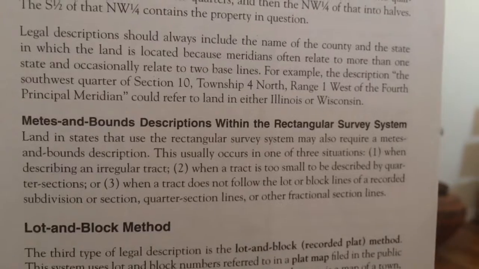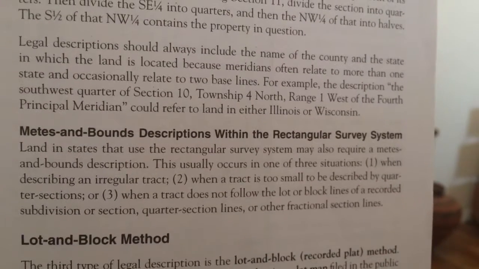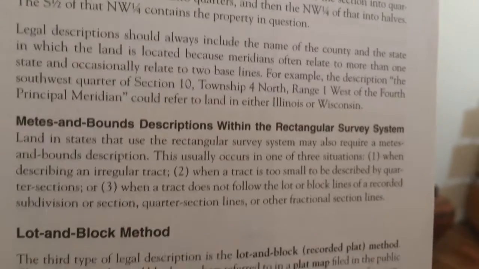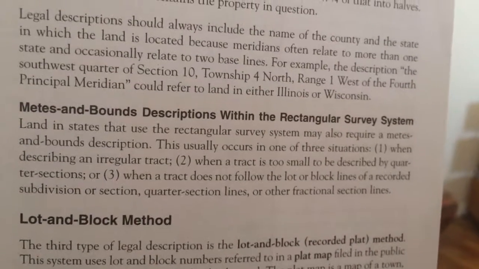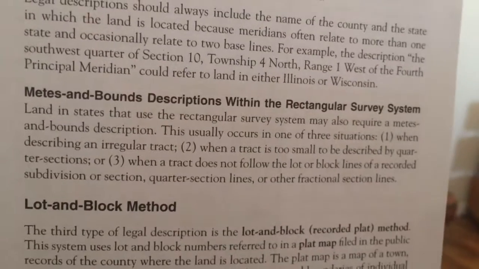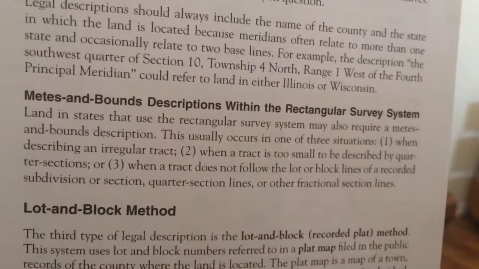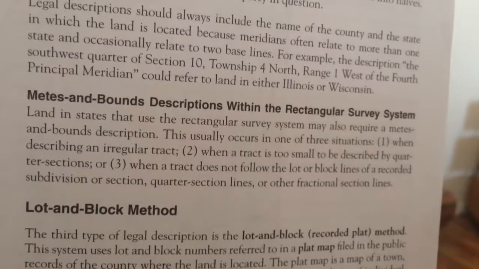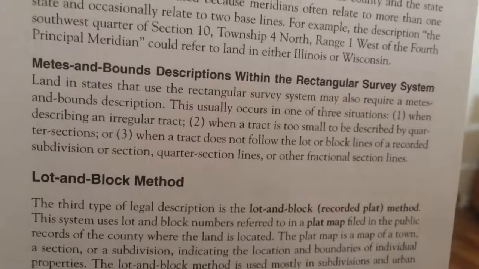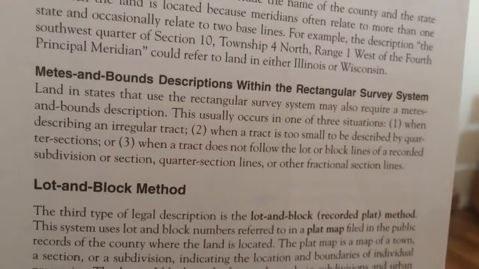When describing an irregular tract. 2. When a tract is too small to be described by quarter sections. Or 3. When a tract does not follow the lot or block lines of a recorded subdivision or section, quarter section lines, or other fractional section lines.